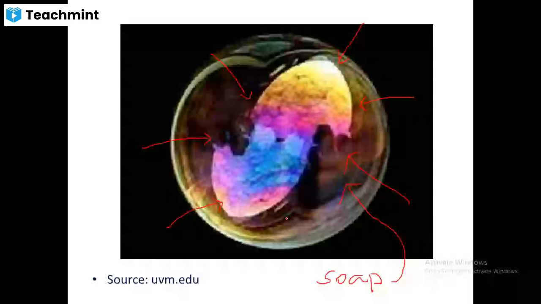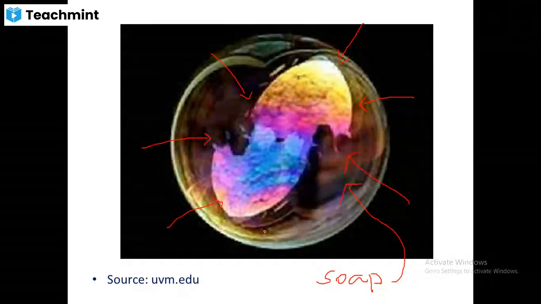One is interference due to reflection, one is interference due to transmission. We'll discuss them later in detail, but right now remember that the appearance of different colors from different angles is due to interference. Because of interference, we are able to see beautiful colors in this soap bubble.